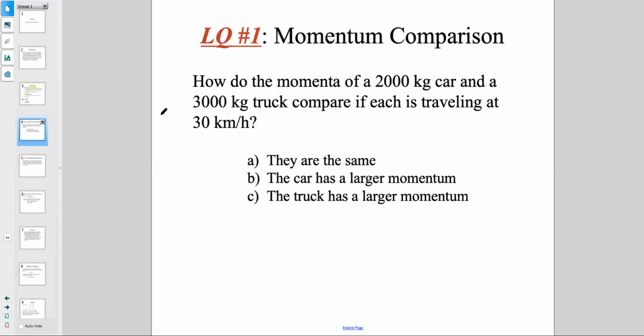So let's compare two objects. How do the momenta of a 2,000 kilogram car, so m of the car is 2,000 kilograms, and a 3,000 kilogram truck, so m of the truck is 3,000 kilograms, compare if each is traveling at 30 kilometers per hour?